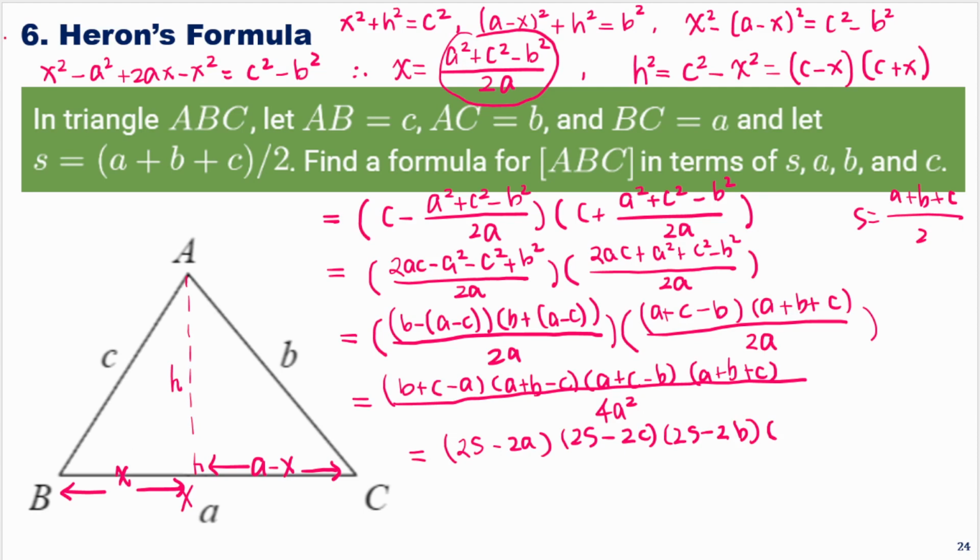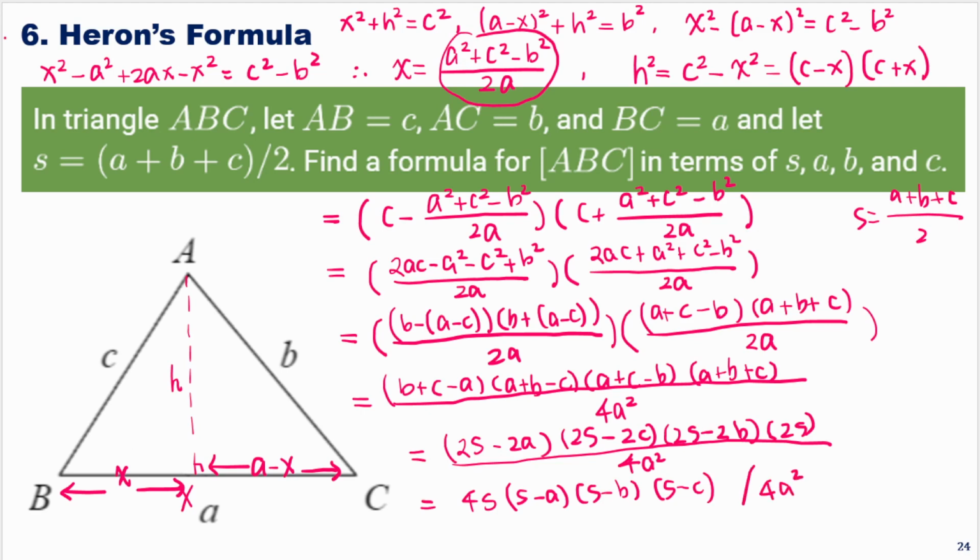Then the last one is just 2s, right? Over 4a squared. And put the common factor 2 in front. We have 4s times (s minus a), (s minus b), (s minus c) over a squared.